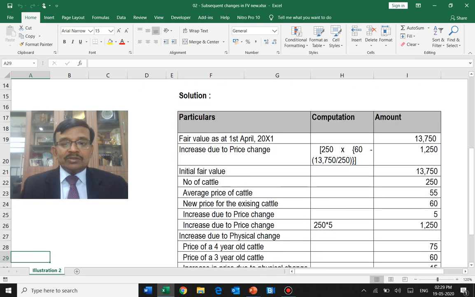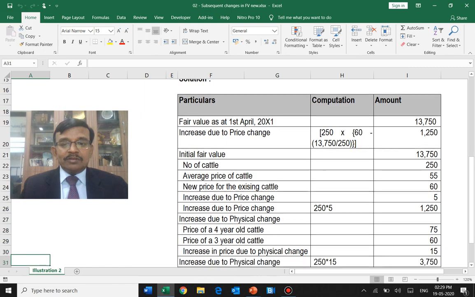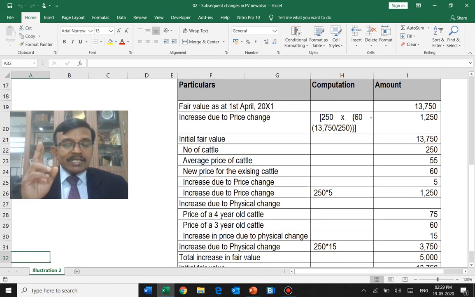2012. So in this case, what I am trying to do is that there are two changes which are happening. One, because of the change in the average price of cattle, there is a movement. And because the physical change or biological transformation is happening, out of that also there is a change on the fair value.